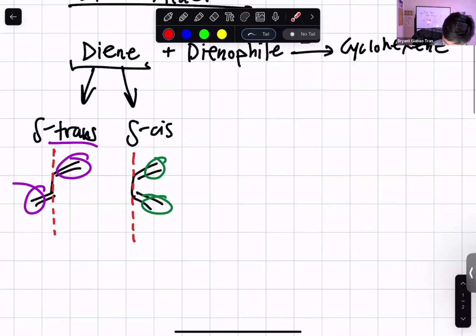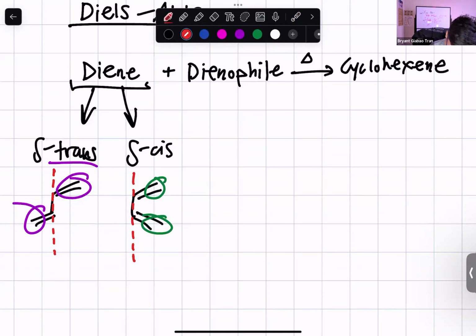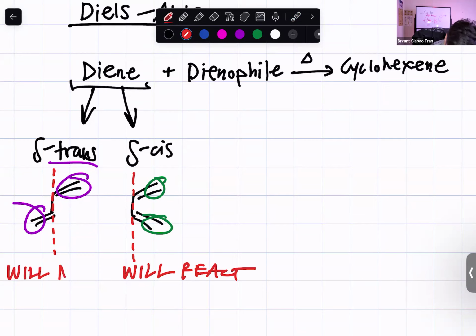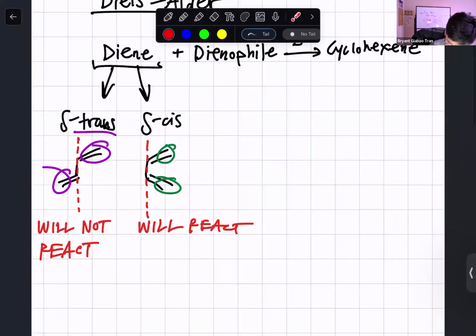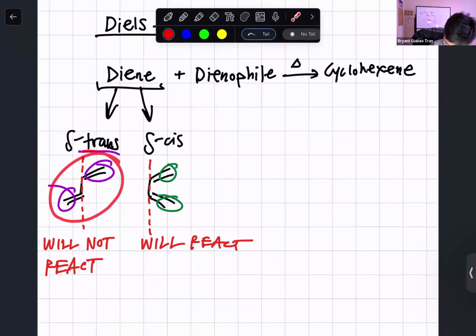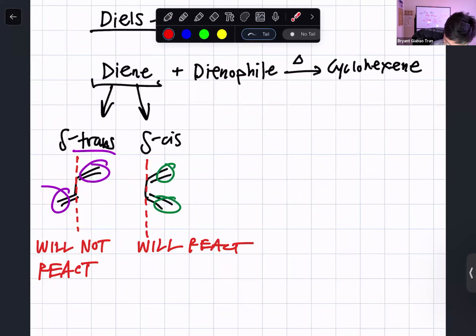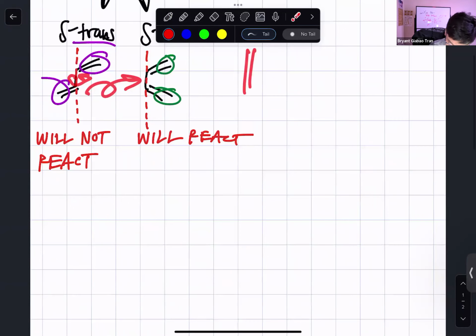So in Diels-Alder reactions, the S-cis diene will react. If you have an S-trans diene, that S-trans diene will not react with a dienophile unless you put enough heat for it to rotate that S-trans diene into the S-cis diene.